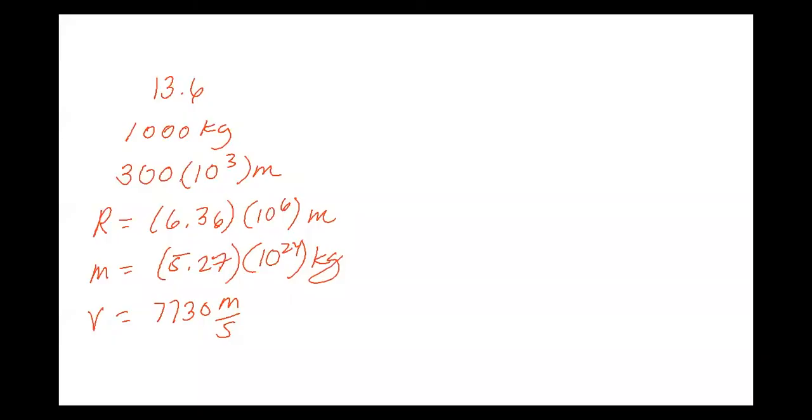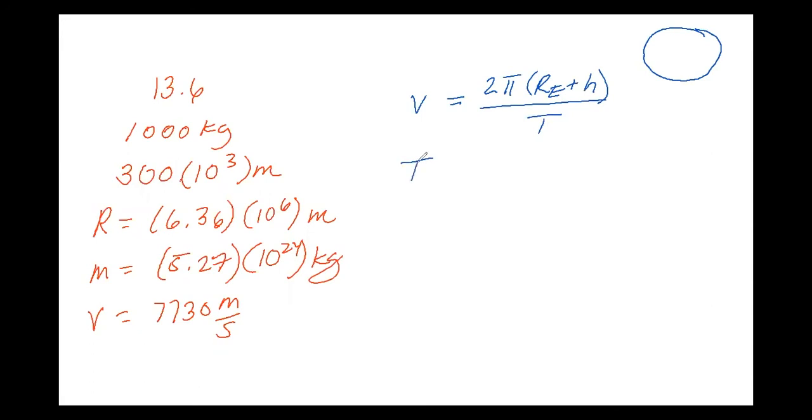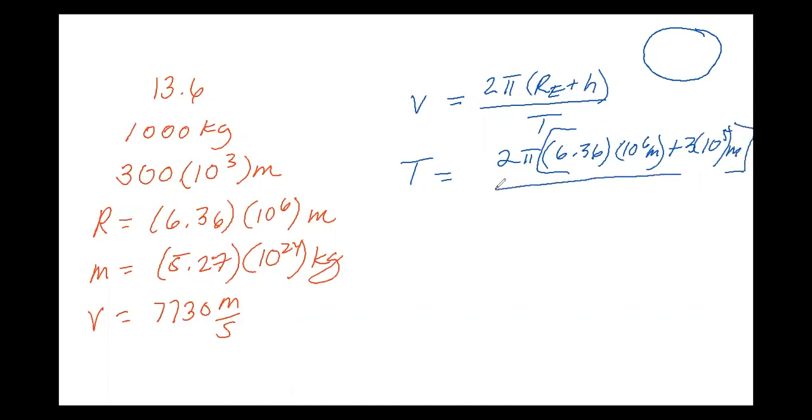Now to find the orbital period, v is going to be equal to the orbital length, so 2 pi times the radius of the Earth plus the height above Earth, divided by T. And T is the value we're looking for. So T is going to be equal to 2 pi times 6.36 times 10 to the 6 meters plus 3 times 10 to the 5th meters. That's the circumference.